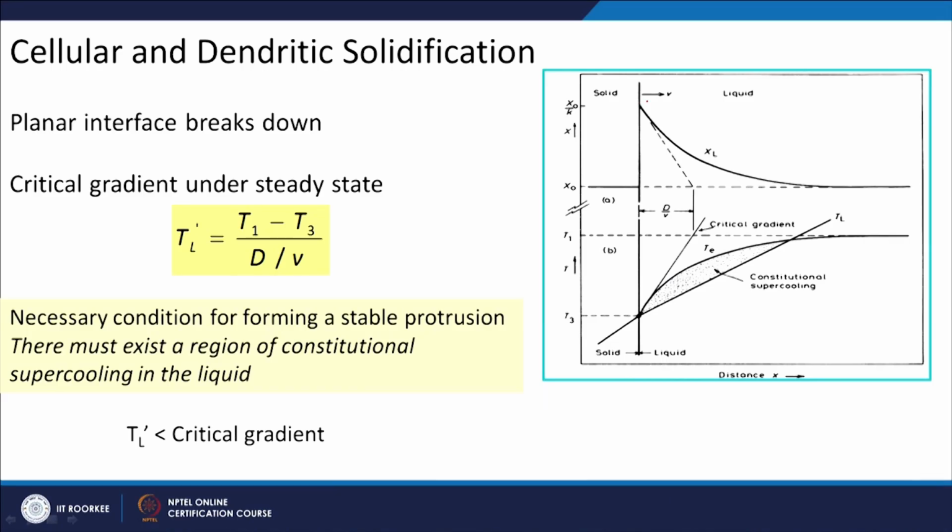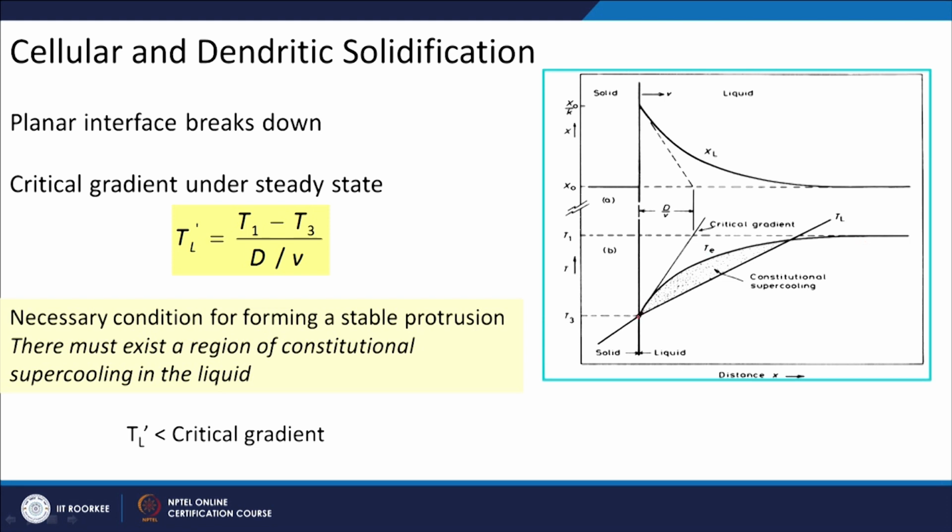So, that we will use here to understand that my solute content in the liquid is changing like this. At the interface my solute content is equal to x naught by k. Away from the interface, the solute content is decreasing and becomes x naught at some distance from the interface. Now, if this is the variation in the solute content, there will be a variation in the melting point of the material.